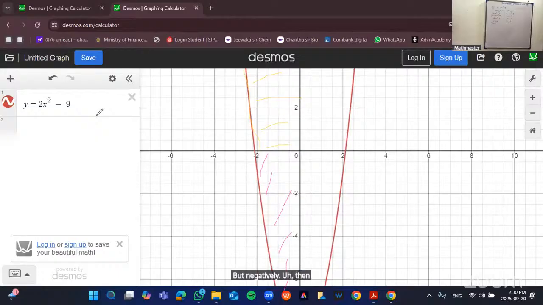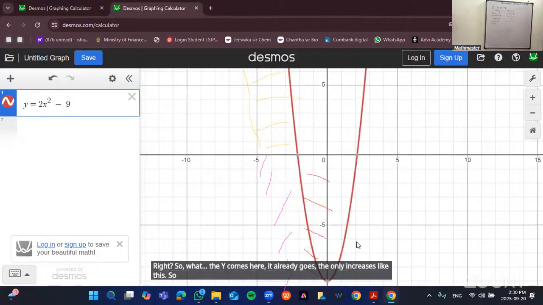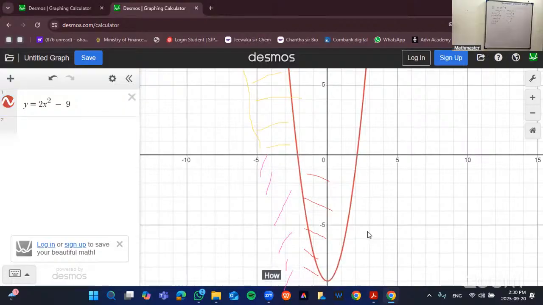Then this region, the red color one I'm drawing, the y increases here. So the y comes here, it already goes down and it increases like this. So the y increases. How?